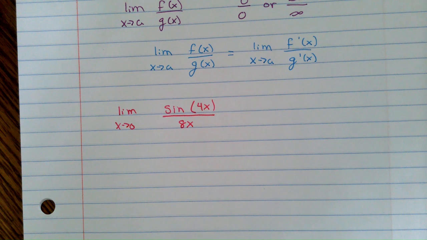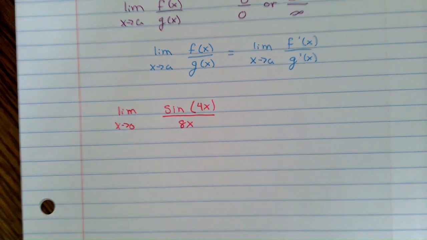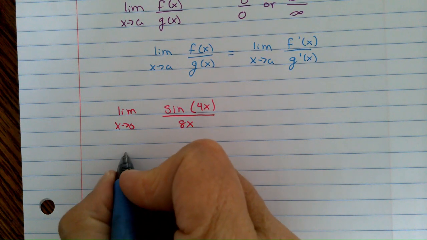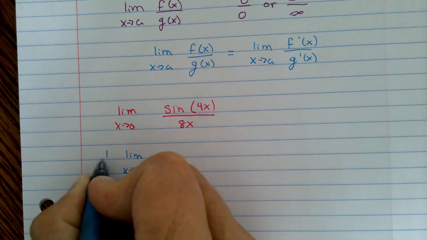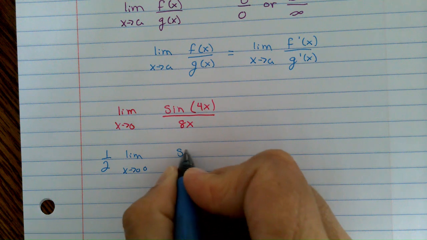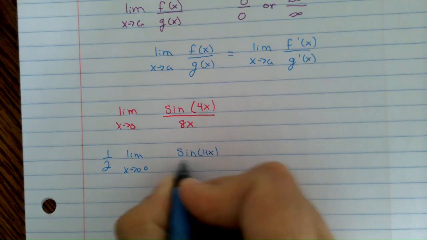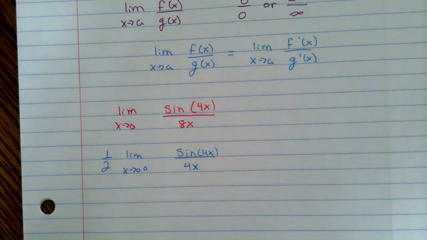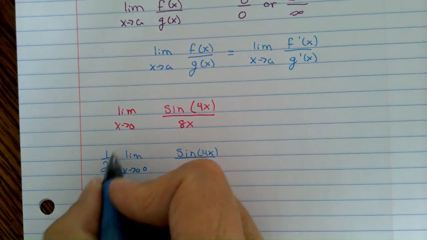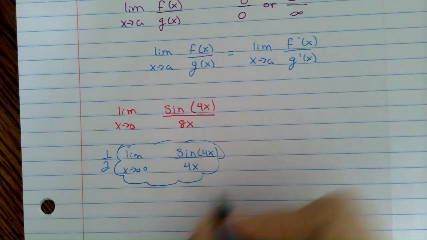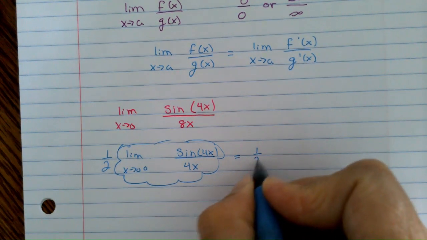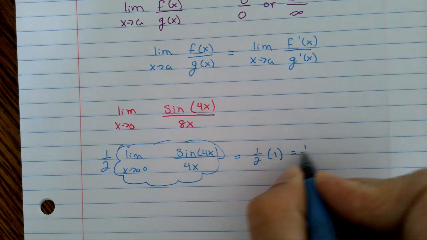If I were doing this before, what I would need to do is look at this as the limit as x approaches 0 of 1/2 multiplied by the sine of 4x over 4x. See how it's still the same problem because 2 times 4x is 8x. And then remember that there was a rule that says that equals 1. So this would be 1/2 times 1, or 1/2.